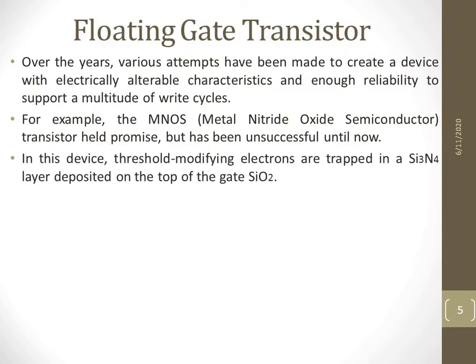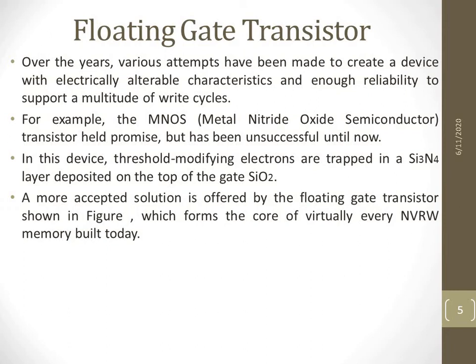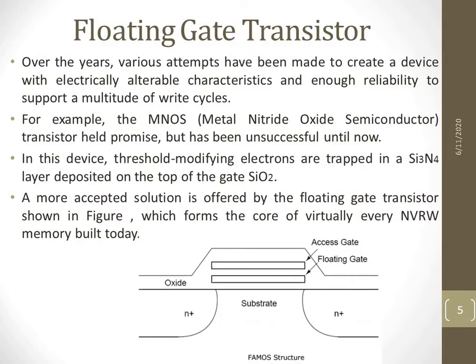In this device, threshold modifying electrons are trapped in a Si3N4 layer deposited on the top of the gate silicon dioxide. A more accepted solution is offered by the floating gate transistor, which is shown in the figure below, which forms the core of virtually every non-volatile read-write memory built today.